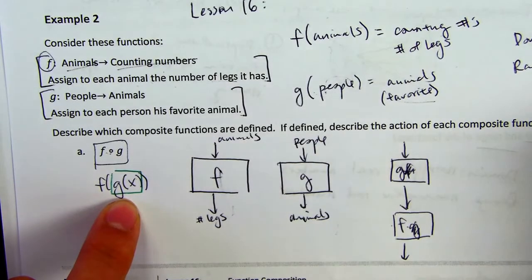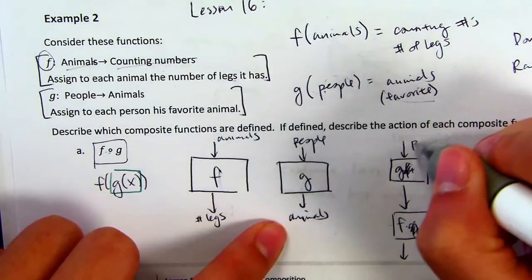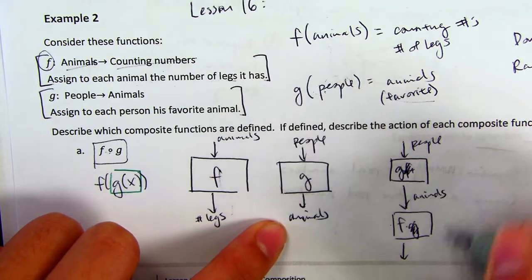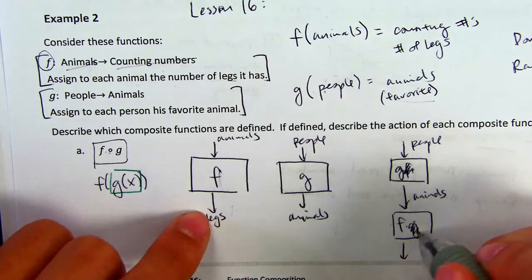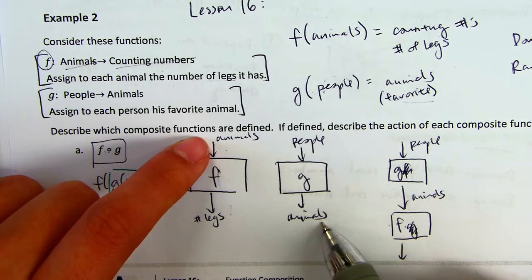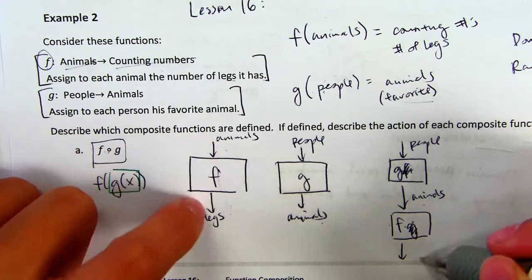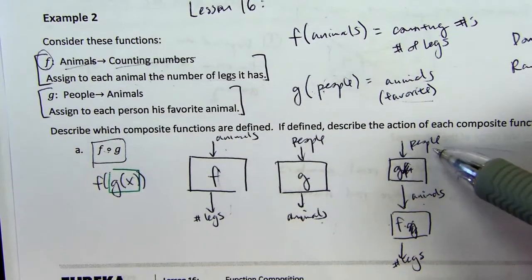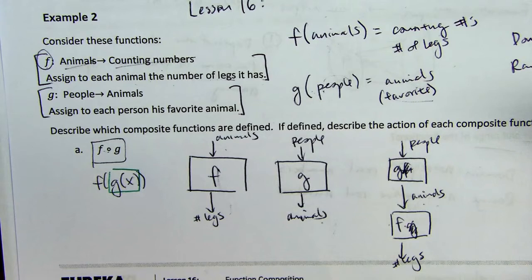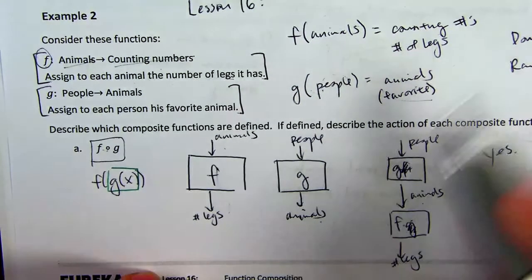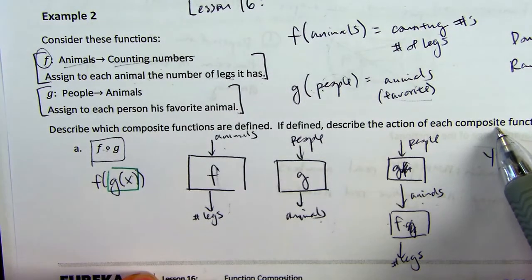Double check your domain. Here we have people. Here we have animals. And what does f take in? Well, f takes in animals. Perfect. That's exactly what g outputs. So now we can plug that animal into the number of legs. We went from people to animals to number of legs, and that's great. So yes, this is defined, and we need to describe the action of the composite function.